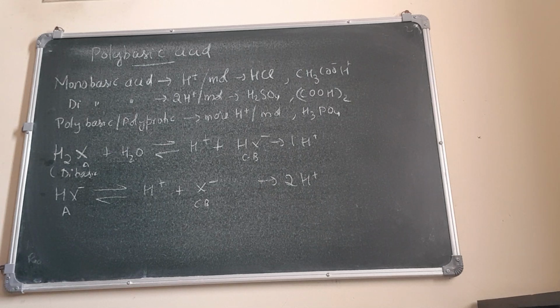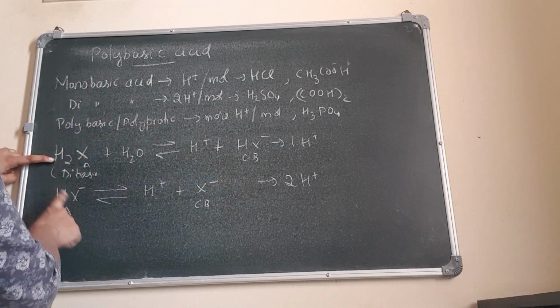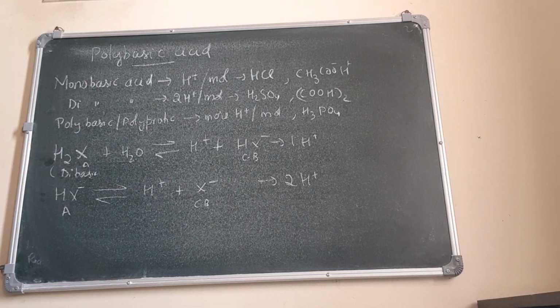Proton and hydrogen ion are the same because H plus is nothing but a proton, so I can use these words interchangeably. So in the first step, one proton is lost and you get a conjugate base which acts like an acid in the second reaction. And you are going to get the conjugate base again.